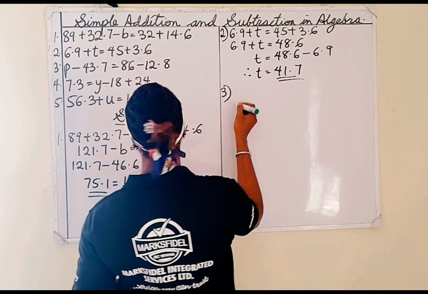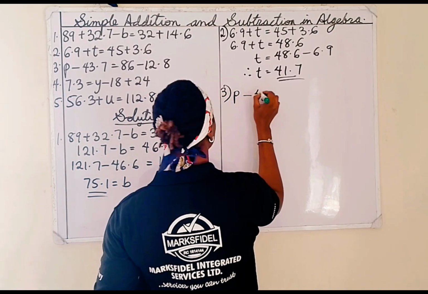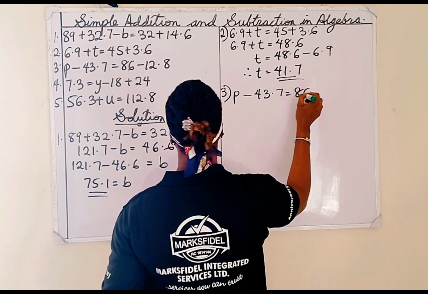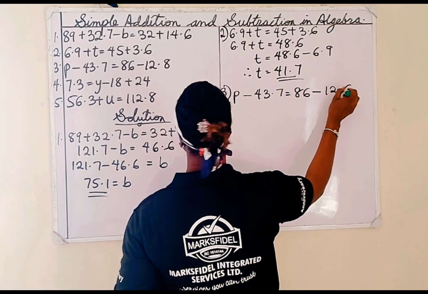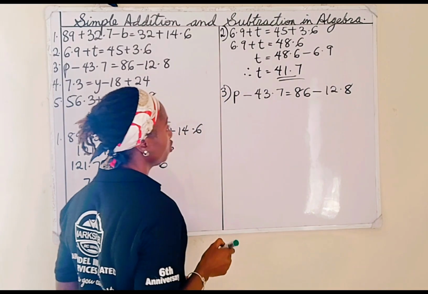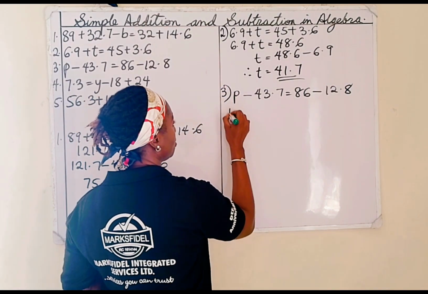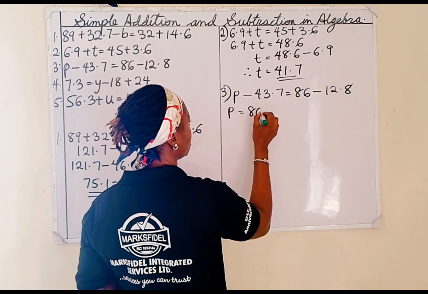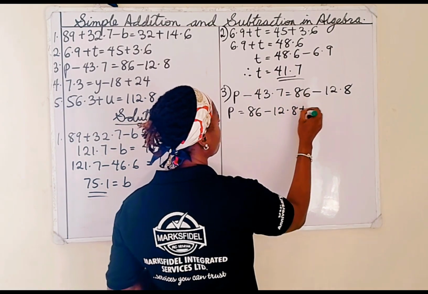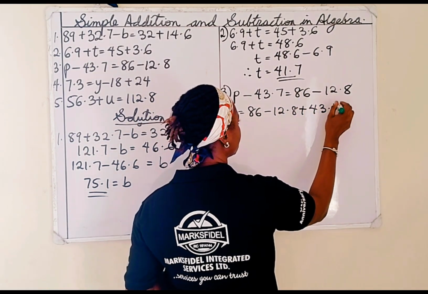Question 3. P minus 43.7 equals 86 minus 12.8. Now from here we can say P equals 86 minus 12.8 plus 43.7.